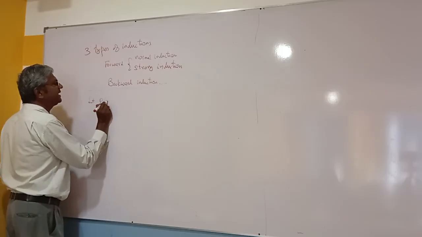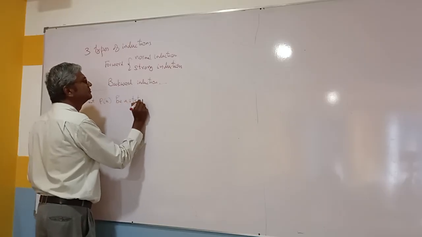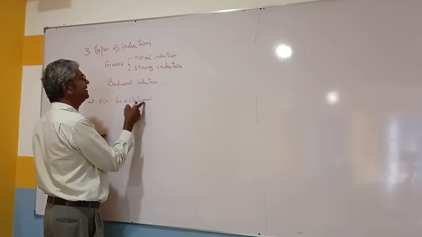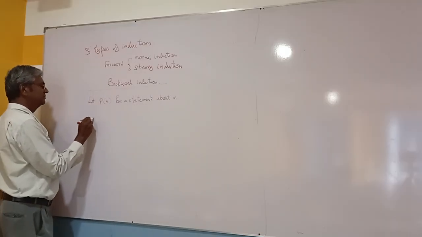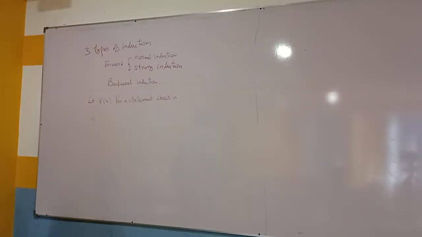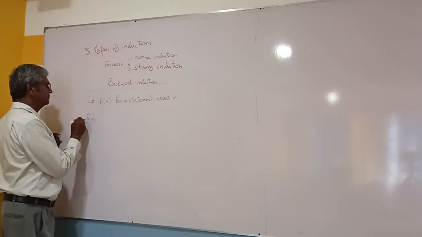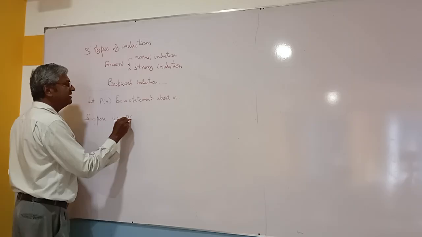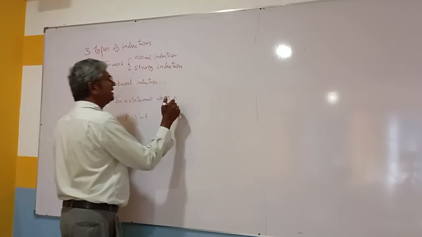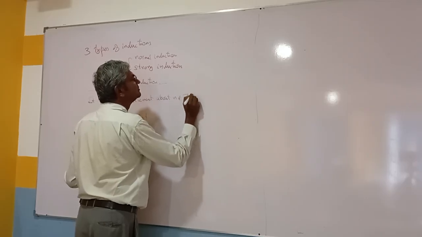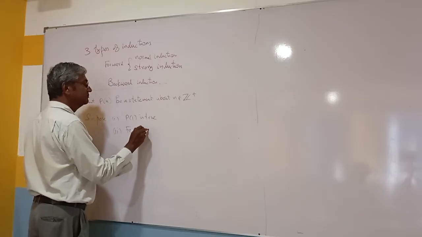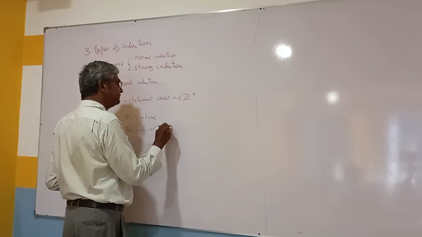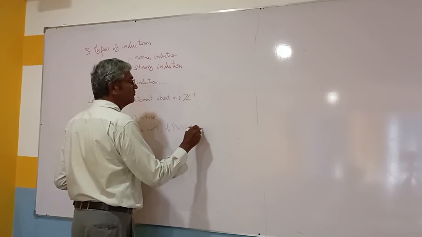Let Pn be a statement about n belongs to N. Suppose, Roman 1, P1 is true, then for each n belongs to N, if Pn is true, then Pn plus 1 is true.